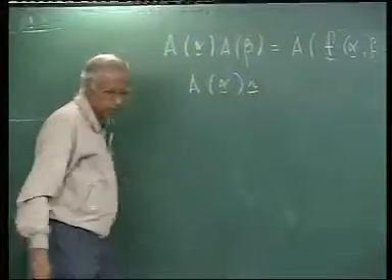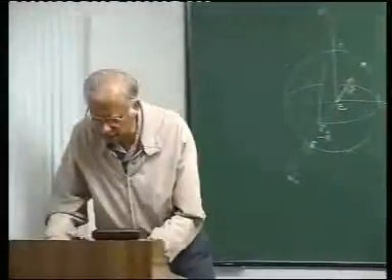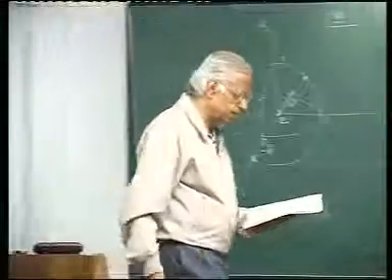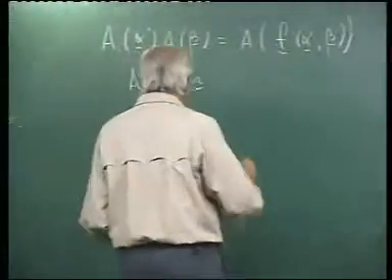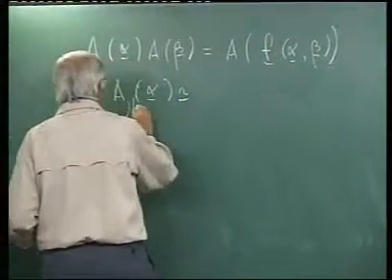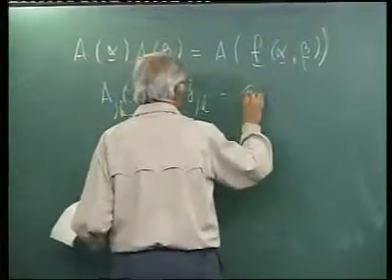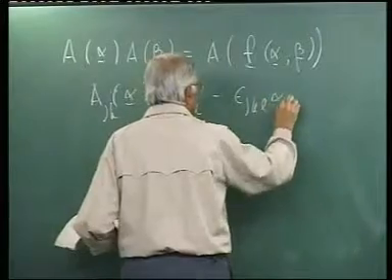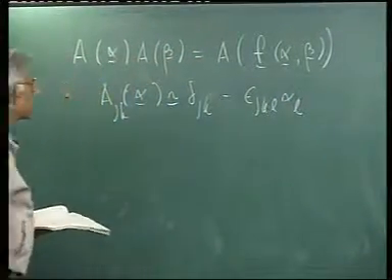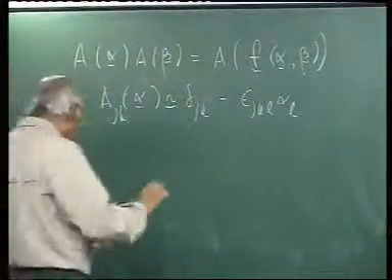Now I just want to calculate this for the rotation group in leading order. Suppose I look at rotations of small angle and I keep terms up to quadratic in alpha at the moment.